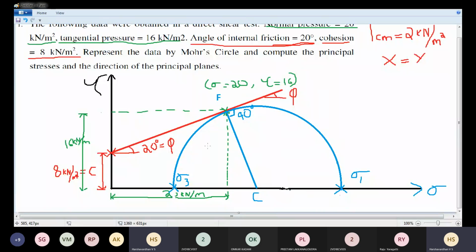So we have represented the data by Mohr circle, and they also asked us to compute principal stresses, sigma 3 and sigma 1, minor and major. If you measure the value, you will get sigma 3 around 9.2 and sigma 1 around 42.5. And they have also asked us to measure the direction of the principal plane, meaning the angle of the failure.